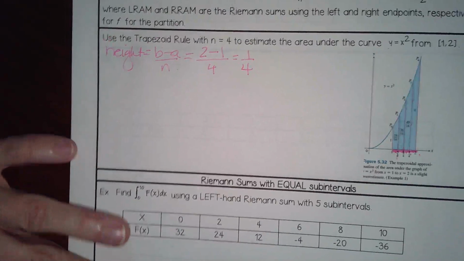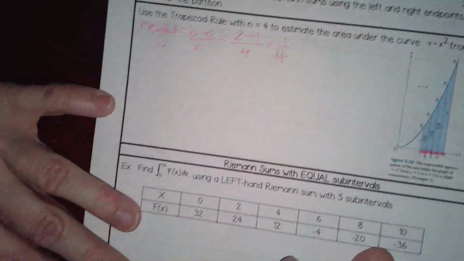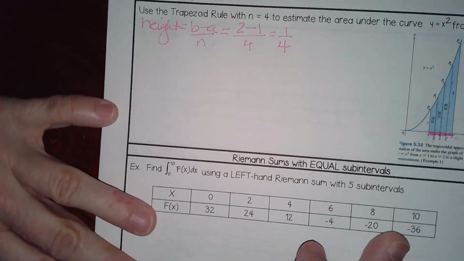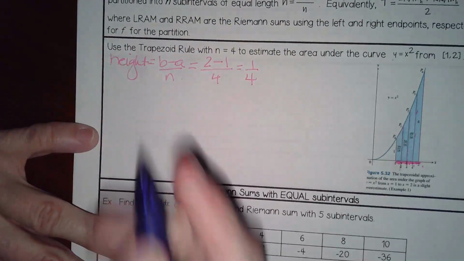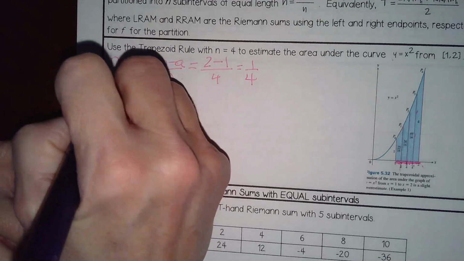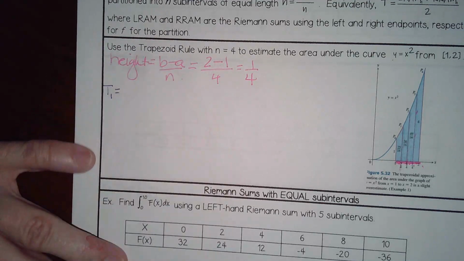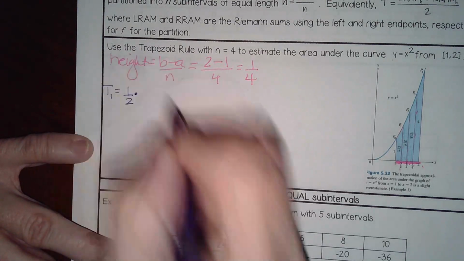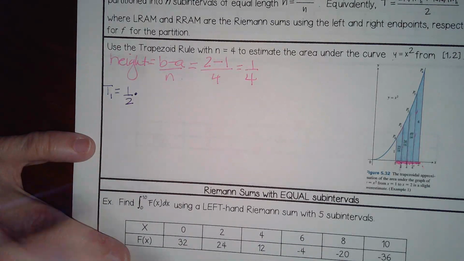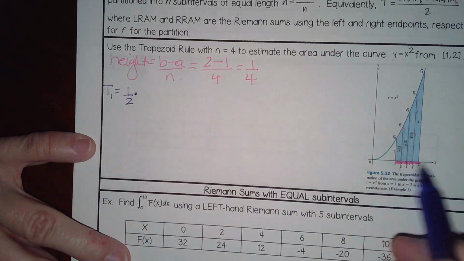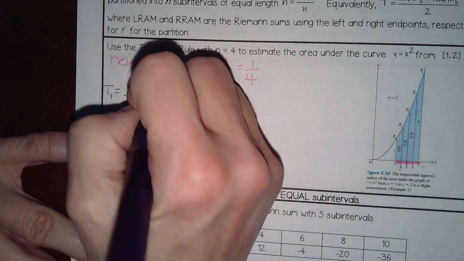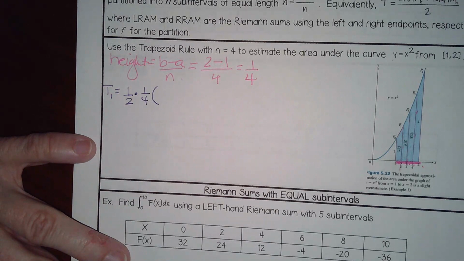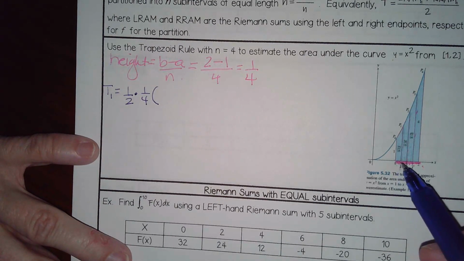So if we apply finding the area of each trapezoid, this is what it would look like. The area of T1, I'll call that trapezoid 1, we would find by taking 1/2, multiplying it by the width, which is that common 1/4, and then I would determine each of the bases.